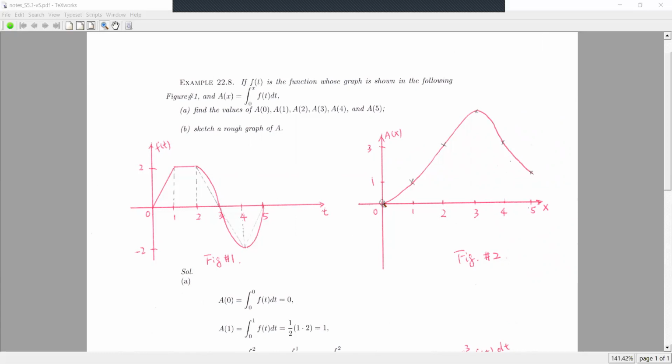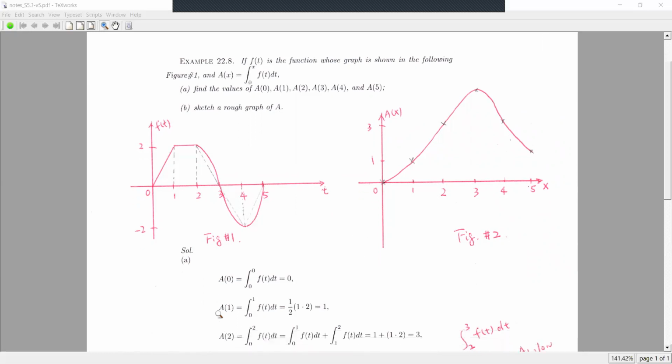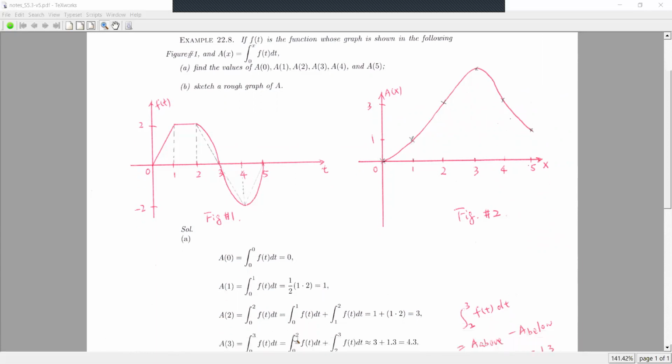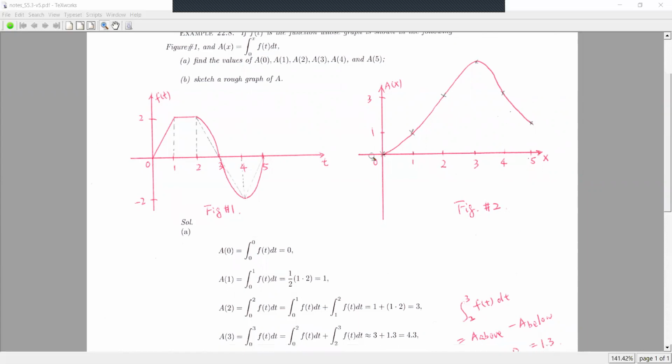This point is on the graph of the function A. A of 1 is 1, so this point is on the graph. A of 2 is 3, so this point is on the graph. And similarly, A of 3 is 4.3, so this point is on the graph.